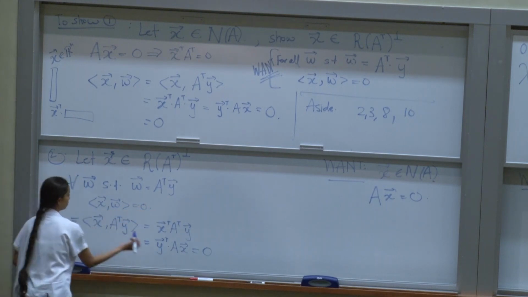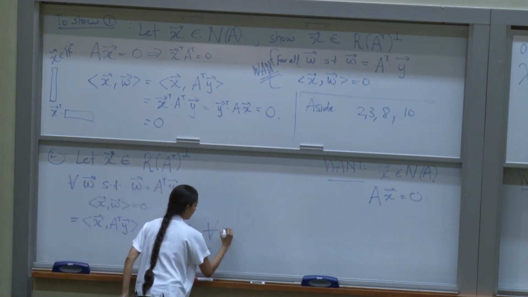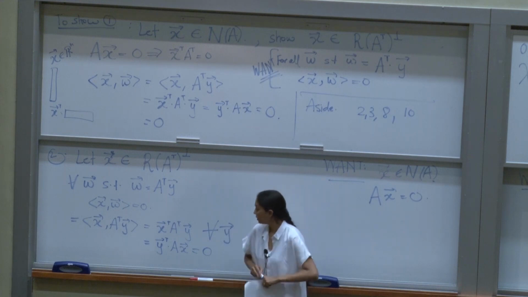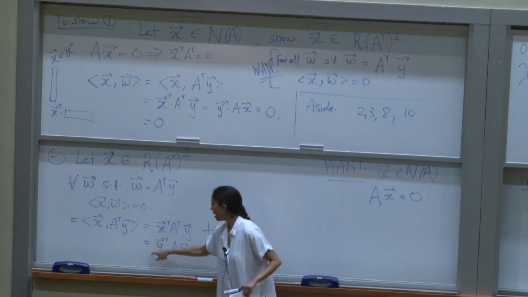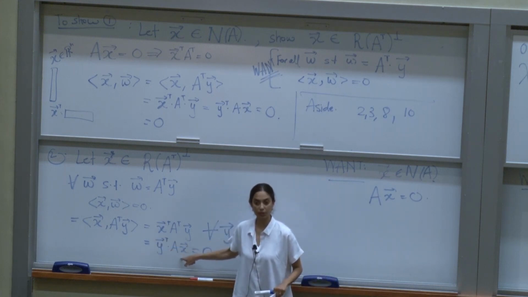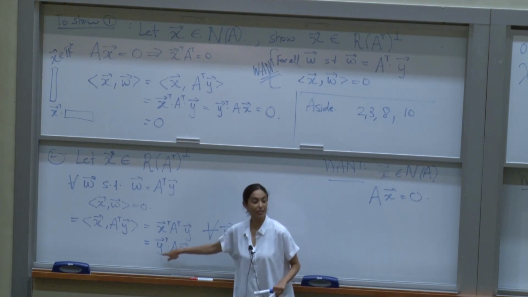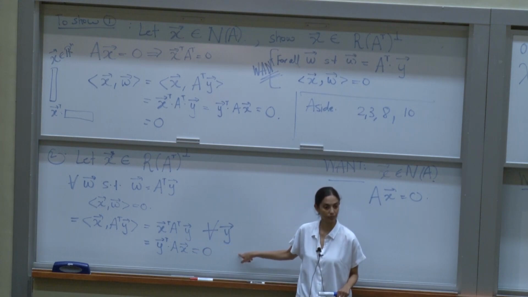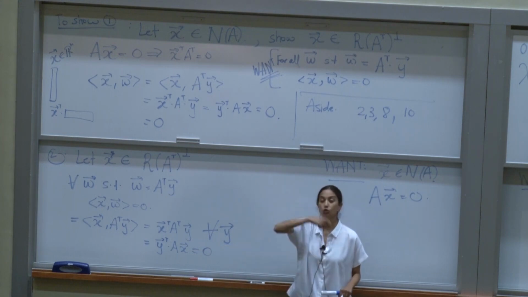So I can write that this is true for every y. So now I don't just have this one equation. I have an infinite number of equations that are saying that y transpose times Ax is equal to 0.